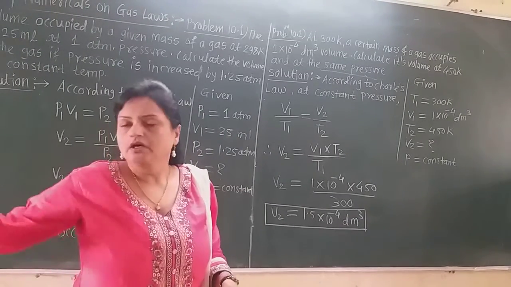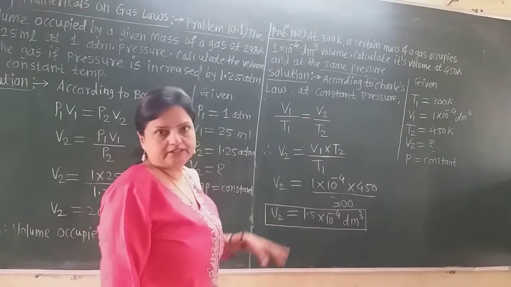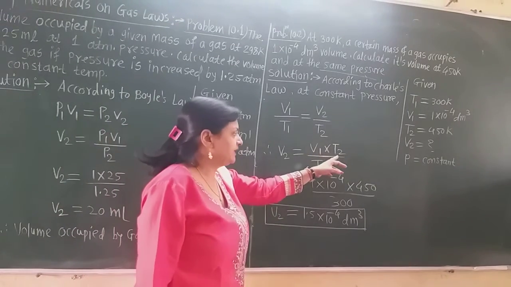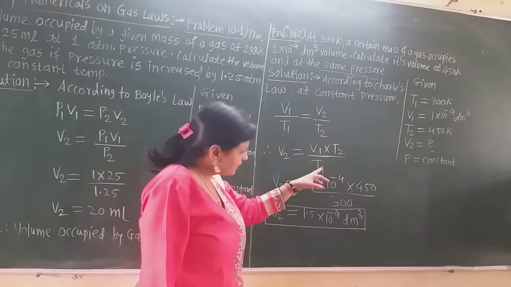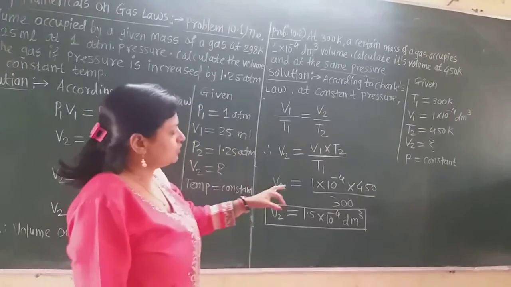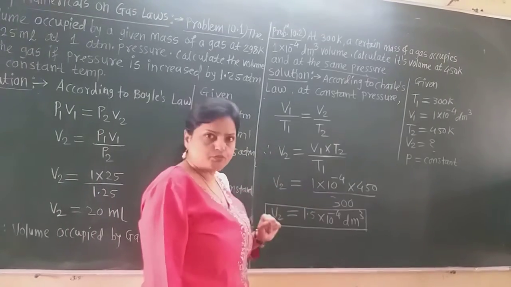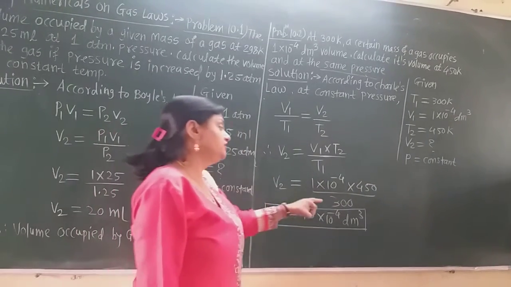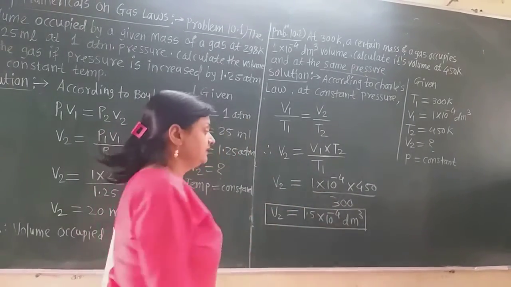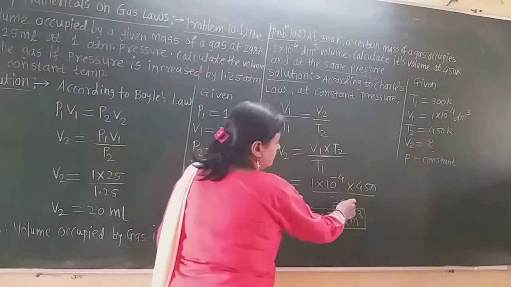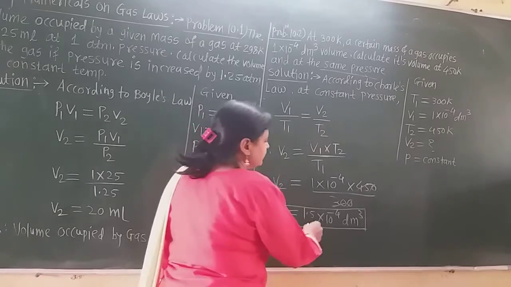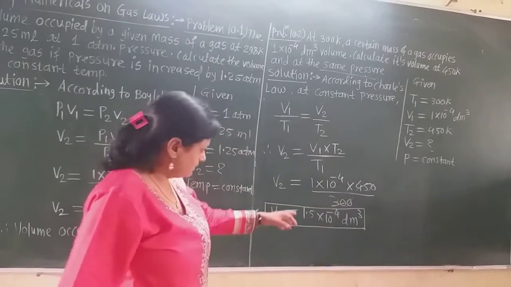Now just substitute the values of the volume, the final temperature and the initial temperature. The volume is 1 into 10 raised to minus 4, the final temperature is 450 and the initial temperature is 300. Then by dividing this, you get the answer.